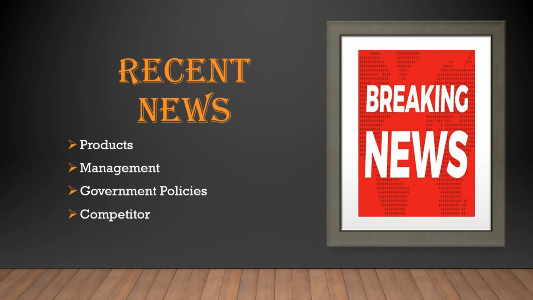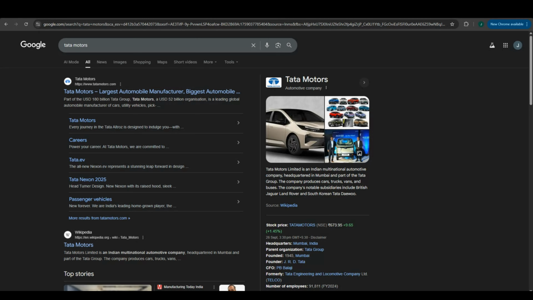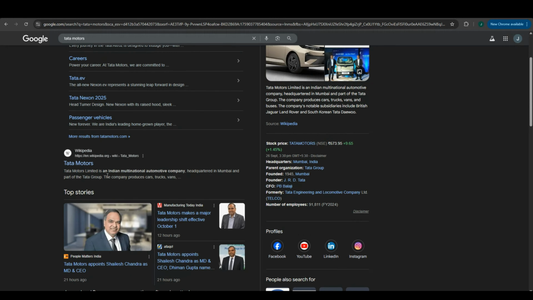Now I will show you how to find the recent news impacting companies, and whether we should invest or not. An easy method is to go to Google and type Tata Motors, or the name of the company you want to analyze. In this case, I have taken Tata Motors as an example.